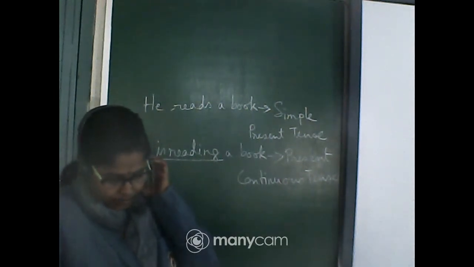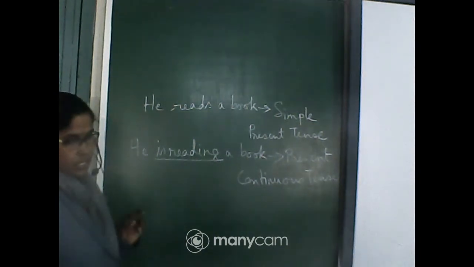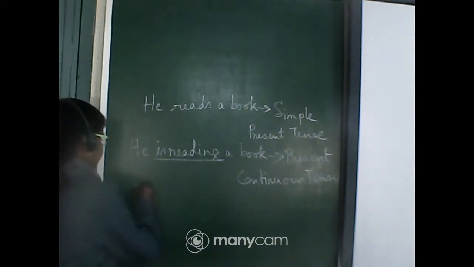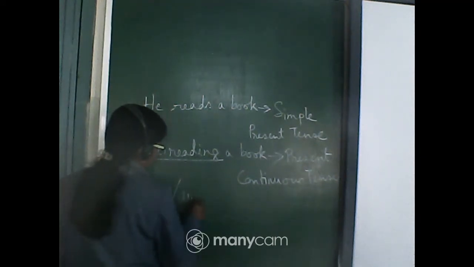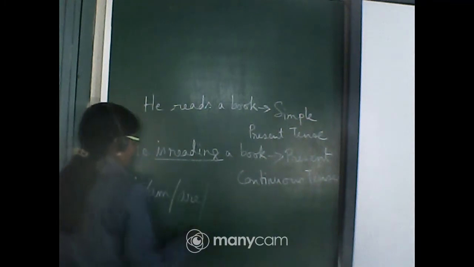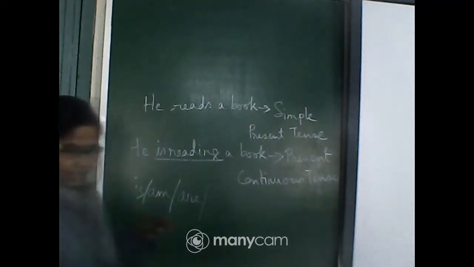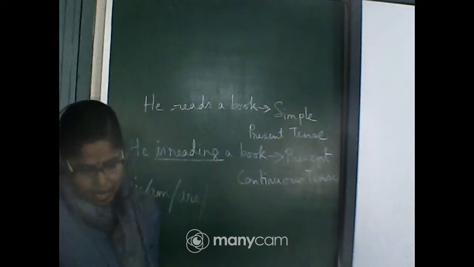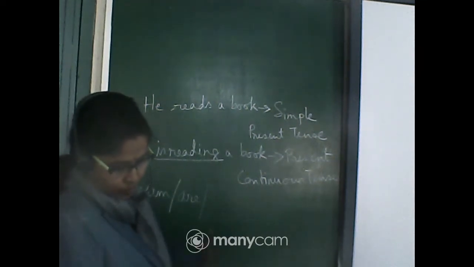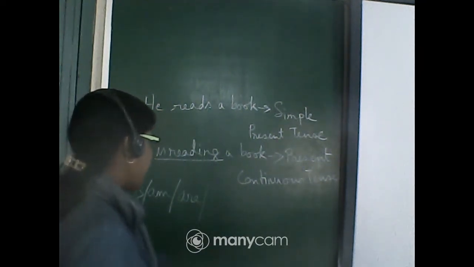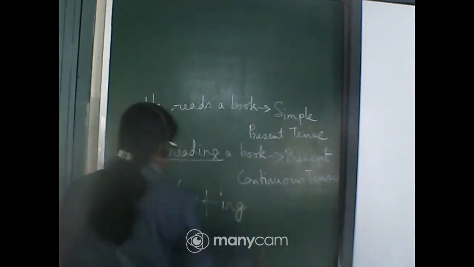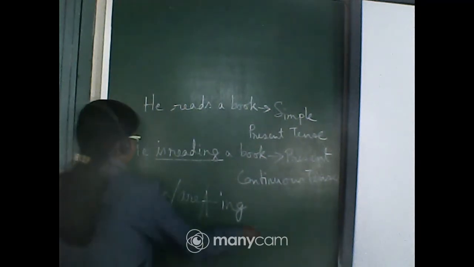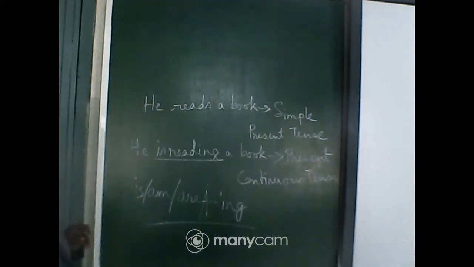And each time you will notice that is, am, are, this form of verb plus ing. Okay, how to form? Is, am, are plus ing. Okay, this way we form present continuous tense.